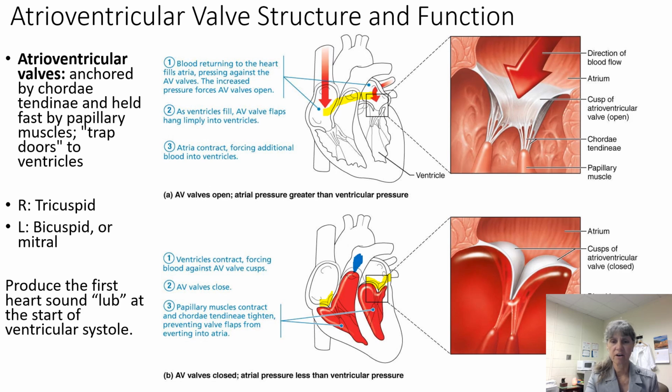So we're going to send our poorly oxygenated blood through the pulmonary trunk to go to the lungs, and then as pressure builds in the left ventricle, that will open up the aortic valves that you can't see really well in this picture, and it forces blood that is oxygen rich into the aorta.